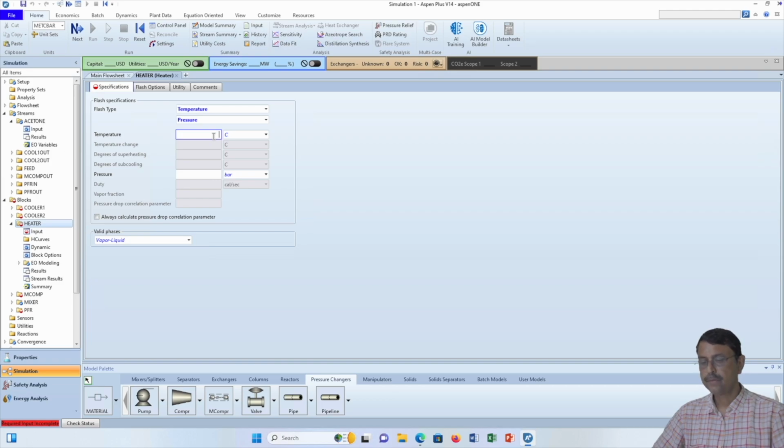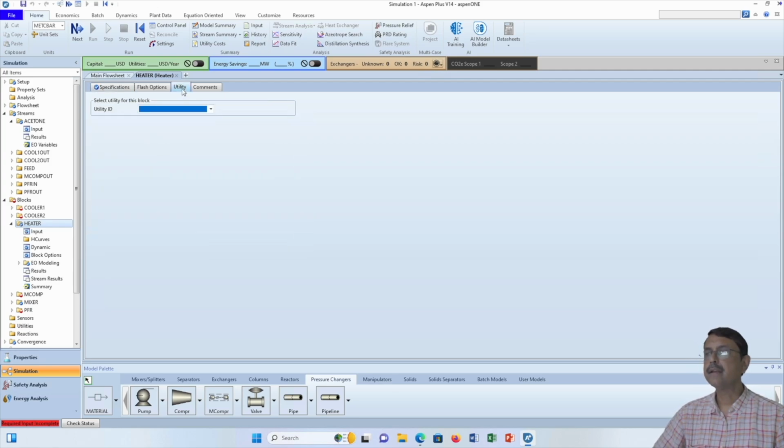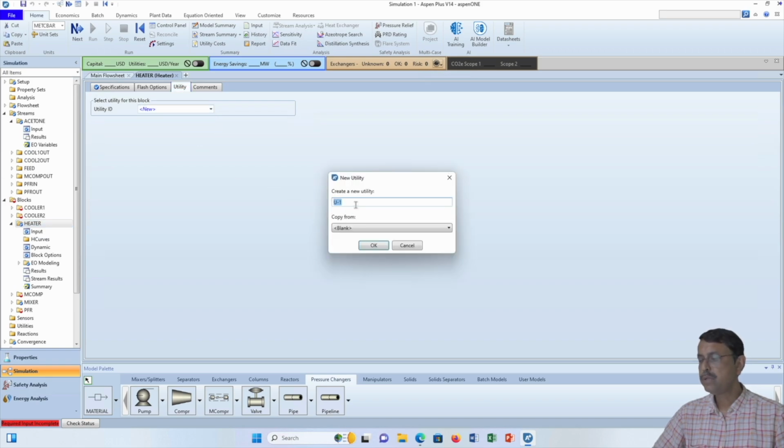So it is 1035 Kelvin, zero pressure drop, and we have to use a fired heater, right? So we have to use a new utility, fired heater 1000. Let us name it like this.